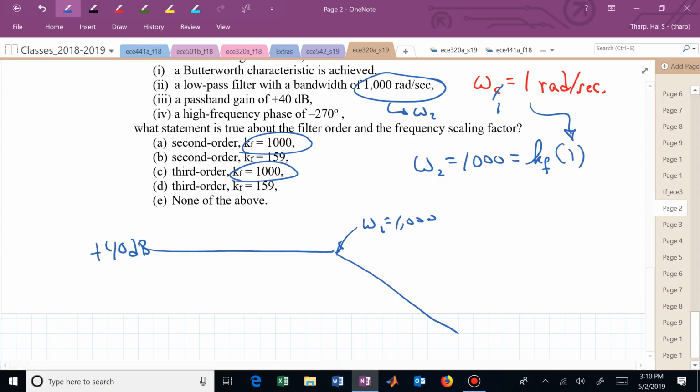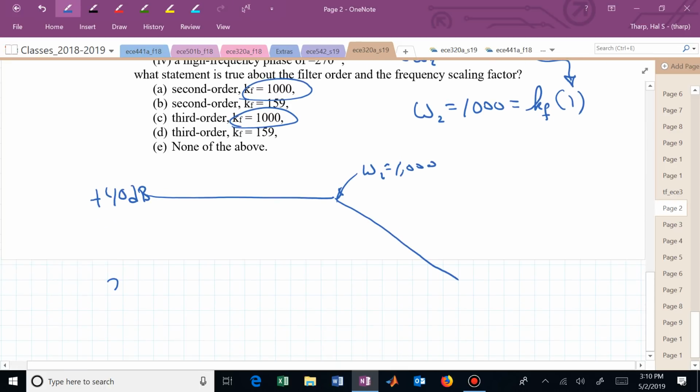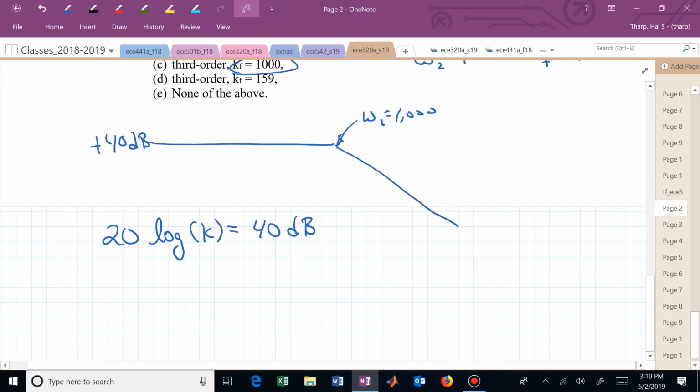Or if we converted that into an absolute number, we're saying that 20 log of k is equal to 40 dB. And we could find k on our transfer function, or the gain, the constant, by dividing both sides by 20. This is log base 10.